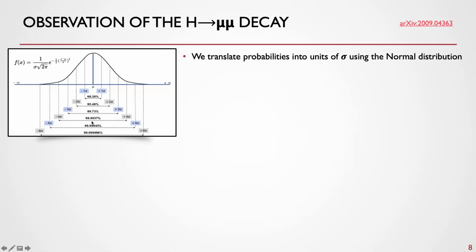You see that the probability for a discovery to be wrong, at least in a statistical sense, it doesn't mean that nobody made a mistake, but in a statistical sense, it's in the ballpark of 10 to the minus 5. So this is just nomenclature. I think everybody has to know it. It's a simple translation of probabilities into more convenient numbers.